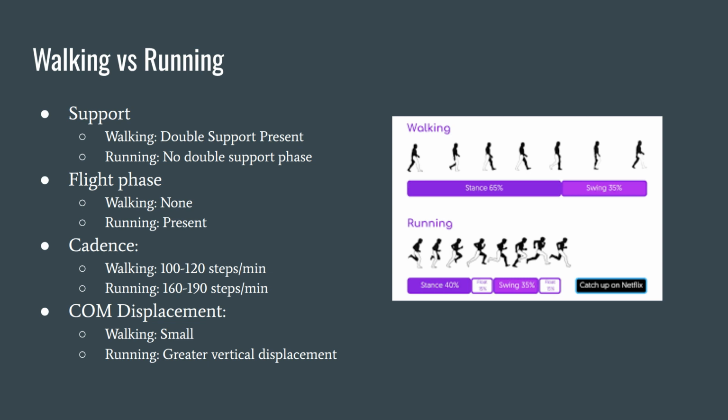This means the body must absorb and generate force rapidly with single limb loading only. This is why deficits are hidden during walking but become obvious during running. If a patient cannot tolerate single limb stance well, they cannot run effectively.